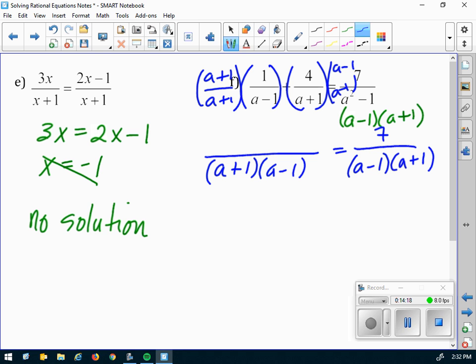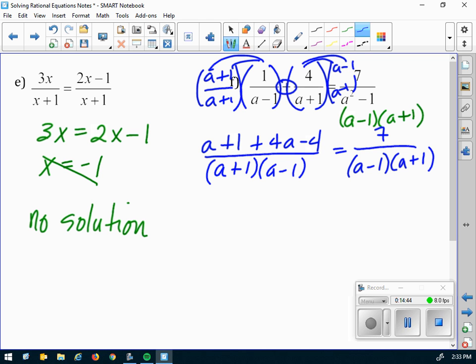Okay, let's see what we got. What's this? That's a plus, so 4A. Combine like terms. What do I see about the denominators?